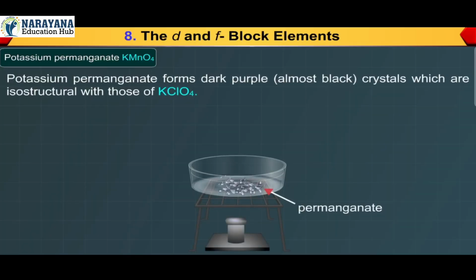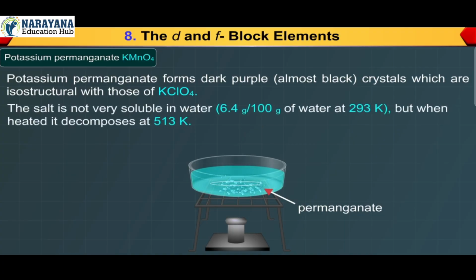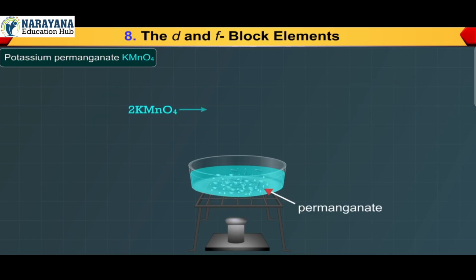Potassium permanganate forms dark purple, almost black, crystals which are isostructural with those of KClO4. The salt is not very soluble in water, that is 6.4 gram per 100 gram of water at 293 Kelvin. But when heated, it decomposes at 513 Kelvin. 2KMnO4 gives K2MnO4 + MnO2 + O2.